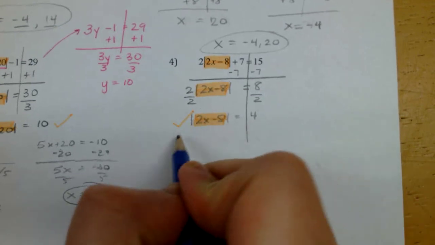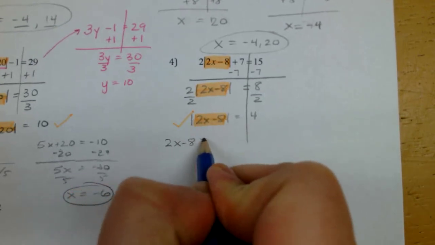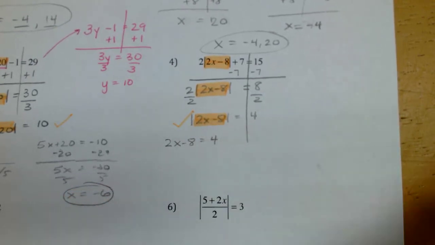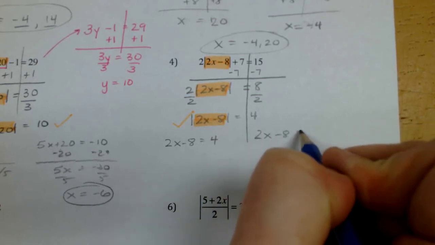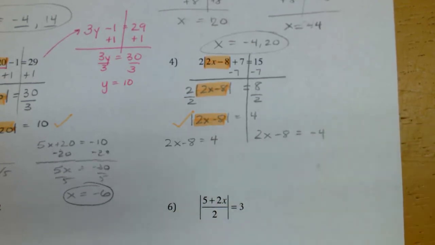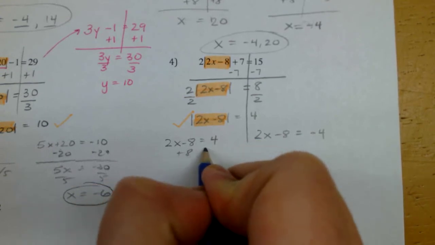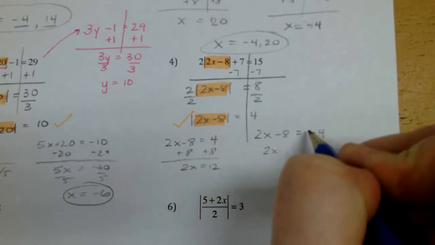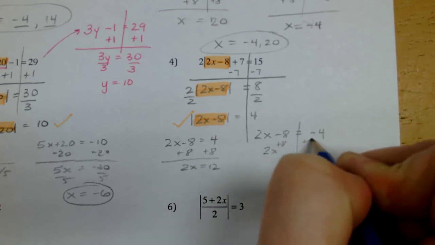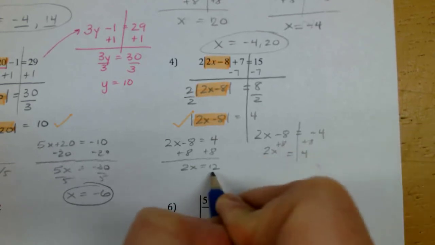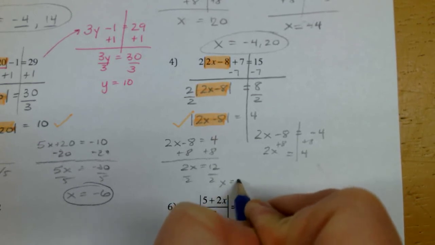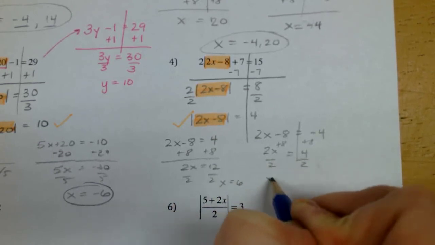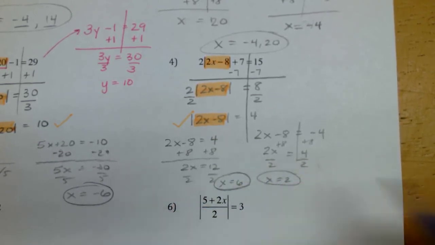Now I can set up my two equations. 2x minus 8 equals exactly what was given, and 2x minus 8 equals negative 4. x equals 6, and x equals 2. Two solutions.